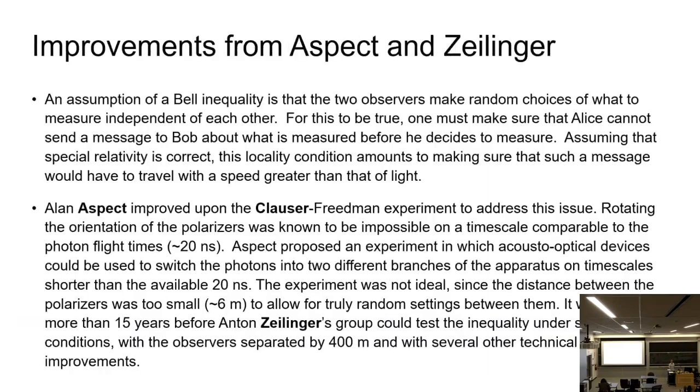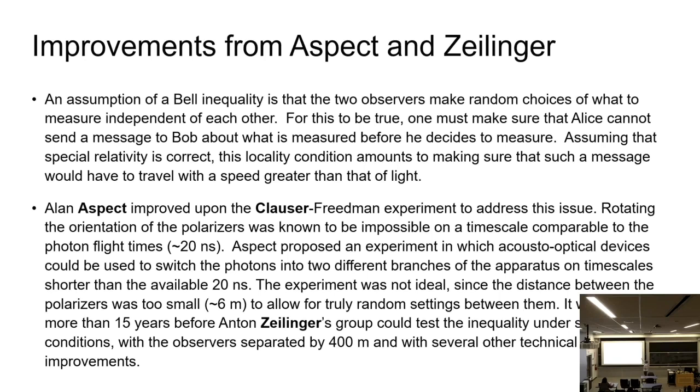So Alain Aspect and his collaborators improved upon the Clauser-Freedman experiment to address this issue. Their detectors were only 5 meters apart, and it was in theory possible to communicate information received at one detector to the other before the second was measured.